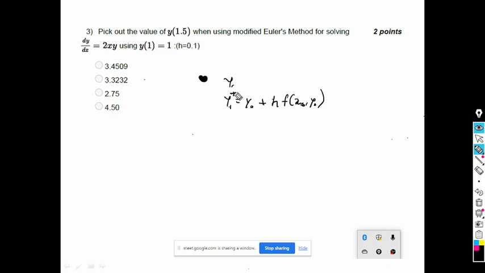Just put that value. So here you'll get the answer as 3.4509. Hope you all got the answer. Okay, so let's proceed with our next question.